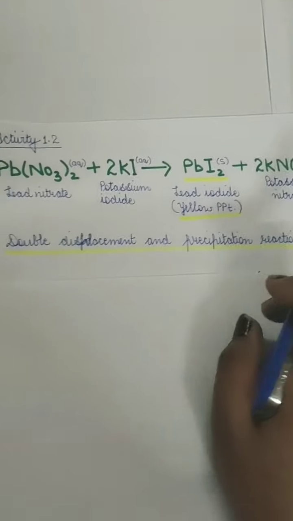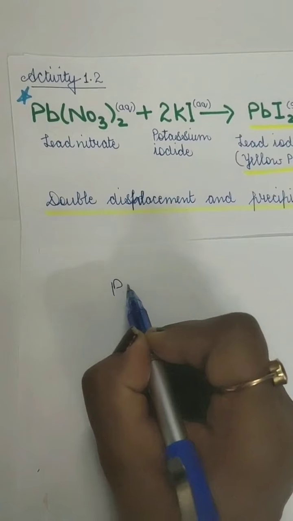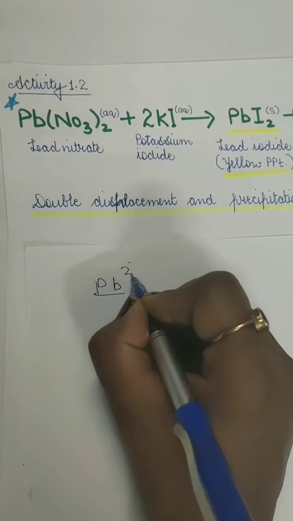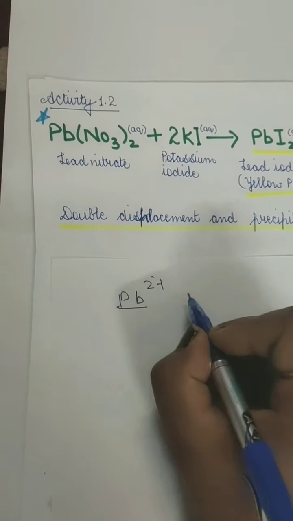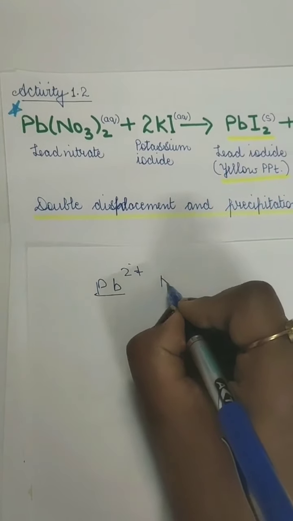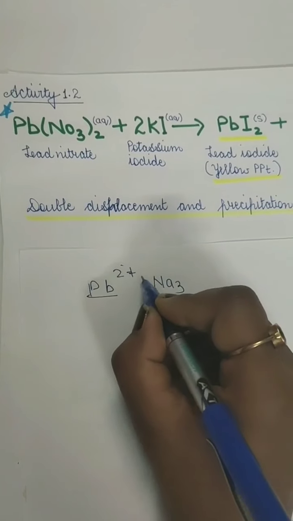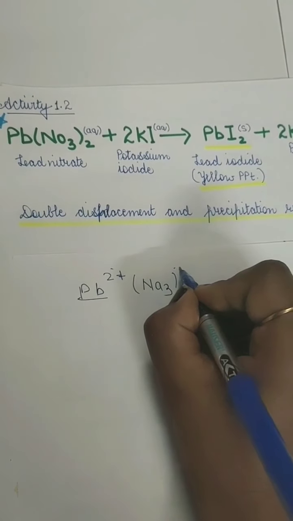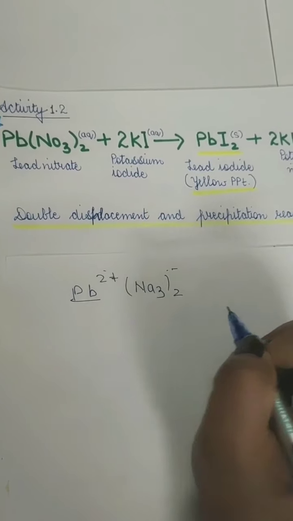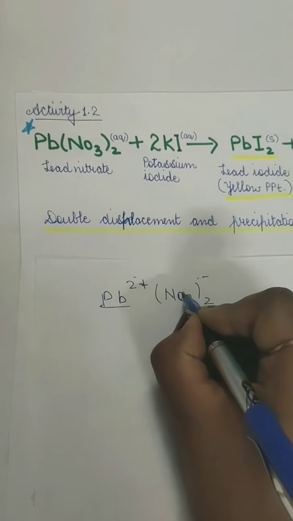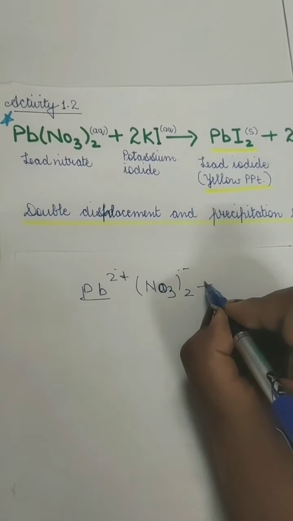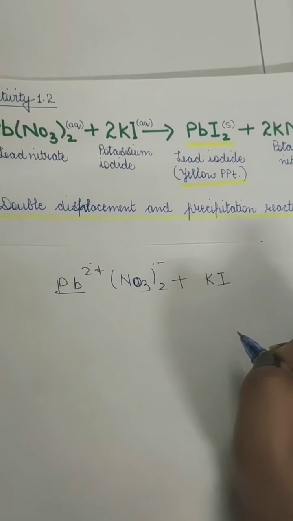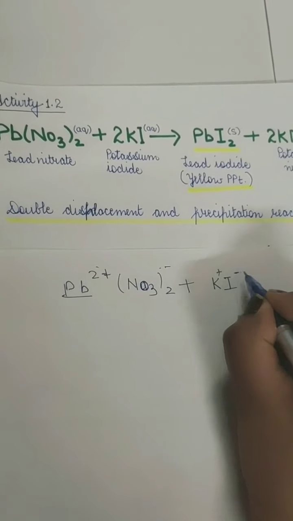Now Pb is a metal, so it will have a 2 plus ion, along with nitrate. The formula is NO3 and the valency of nitrate is only minus 1. Now it will react with potassium iodide. Potassium has valency 1 and iodine has valency 1, plus and minus.